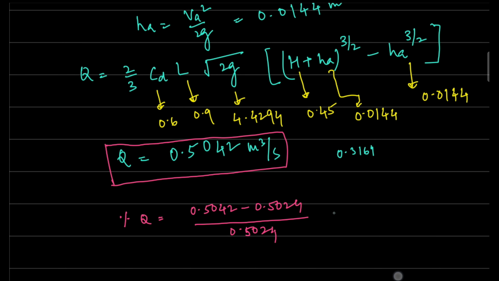So this value is hardly equal to 0.37 percent. So this is a very close value. So we can say the answer we got here is the correct one, and we can end the iteration process, and we can assume that whatever Q value we found is the perfect solution.